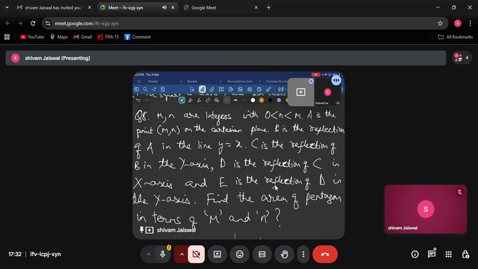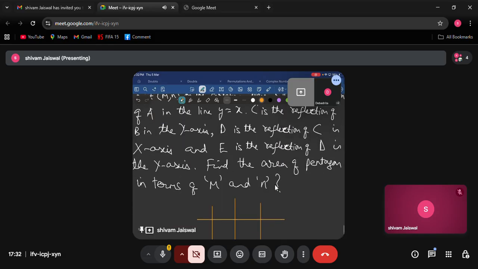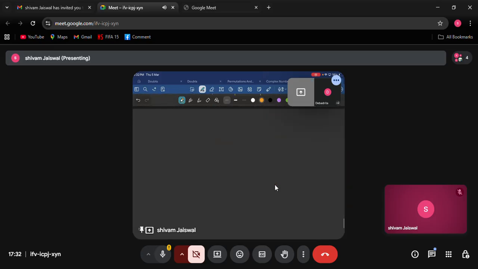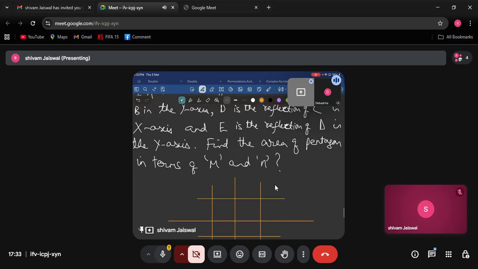Okay, see everywhere, m and n are integers, with both m and n positive and lying in the first quadrant. Let us start. First of all, let us draw the diagram. Maybe A is over here, m comma n.